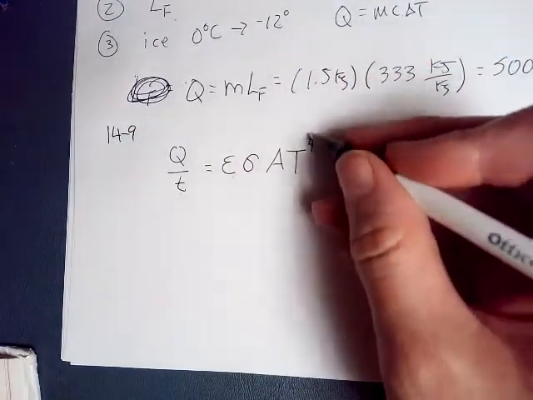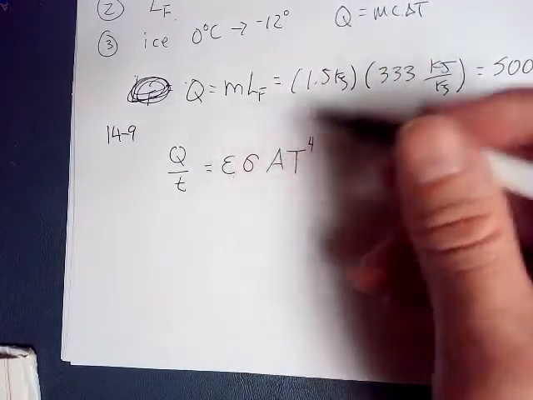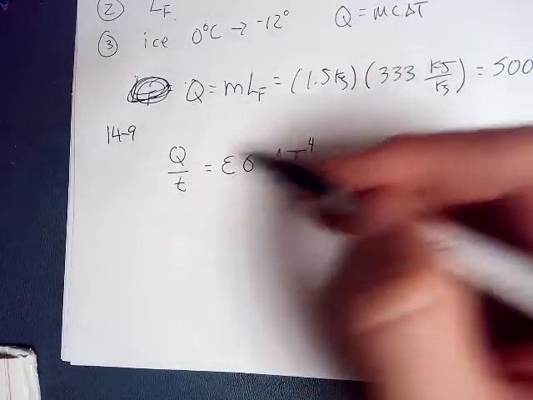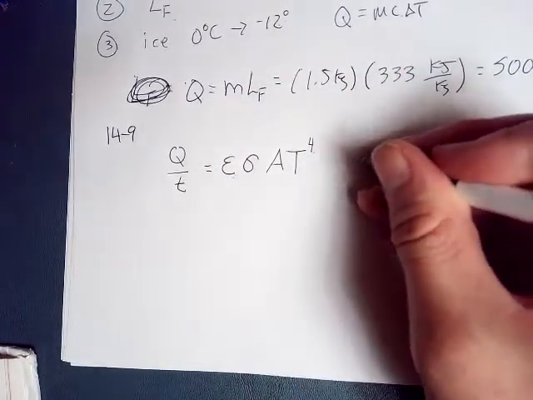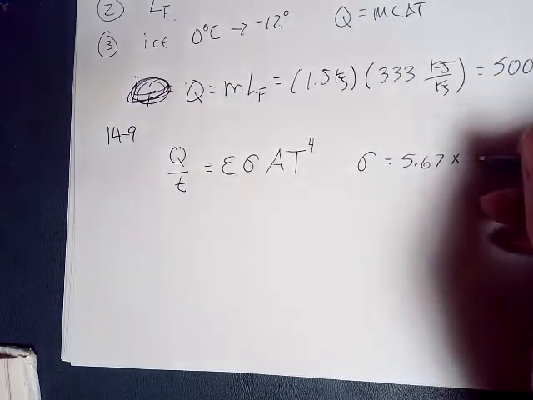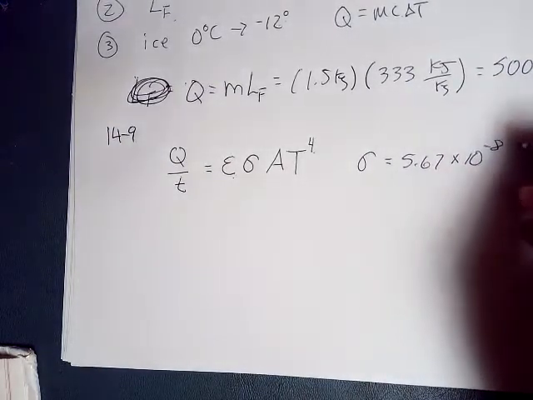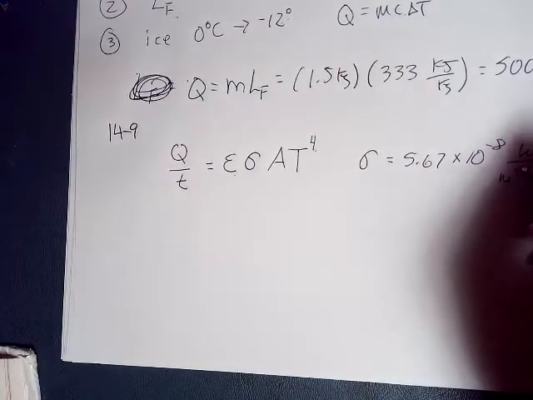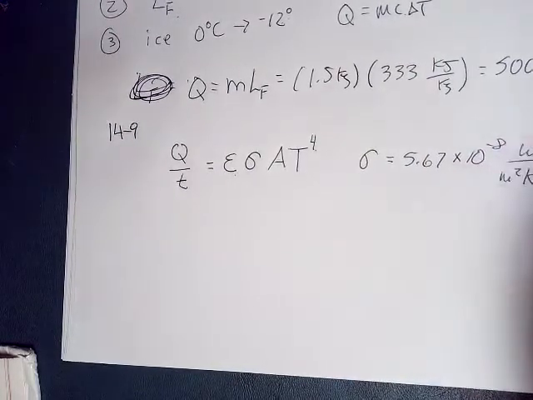We don't have time to get into why that's a fourth power, but it is, and that means this is very sensitive to temperature. This constant here, I'll write it out: watts per meter squared Kelvin to the fourth.